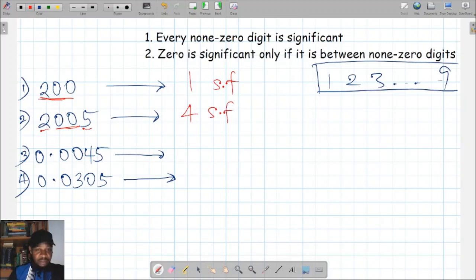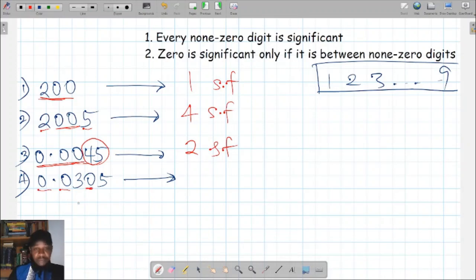Here we have 0.0045. The 3 zeros at the beginning are not significant because they are not in between two significant figures. So the only significant figures here are 4 and 5. We have 2 significant figures. However, in this case, 0.00305 or 0.0305, this 0 and this 0 are not significant because they are not in between two significant figures.